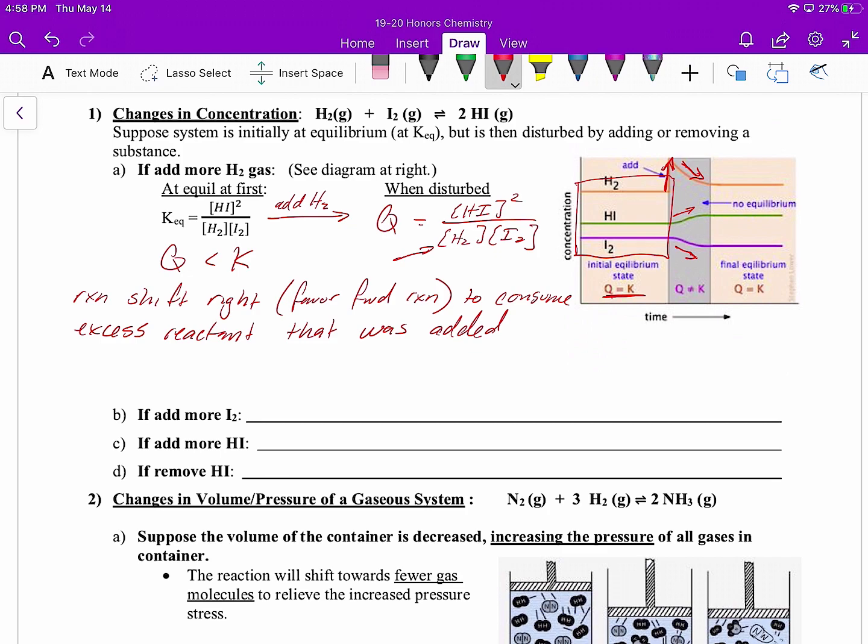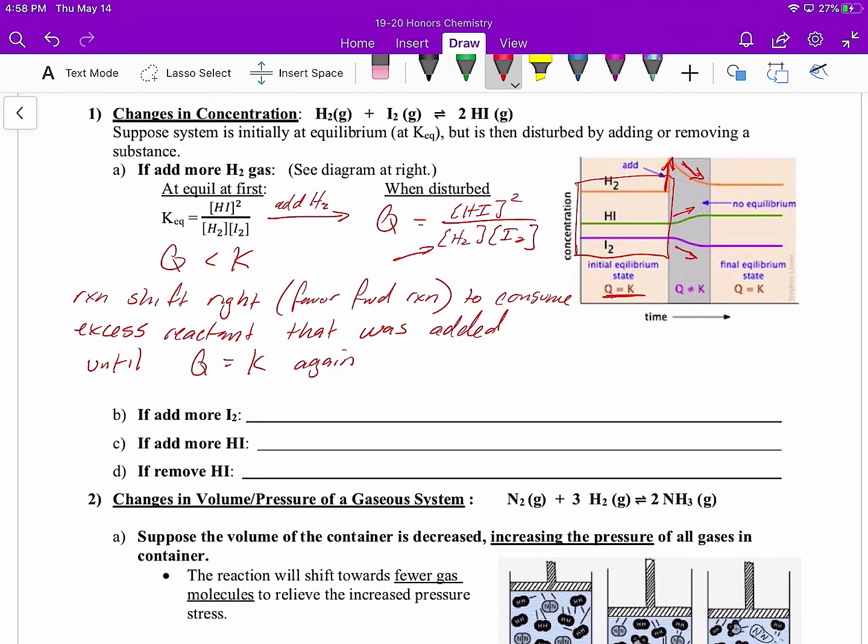So you use up your reactants and make more product until Q equals K again, and you're back at equilibrium.